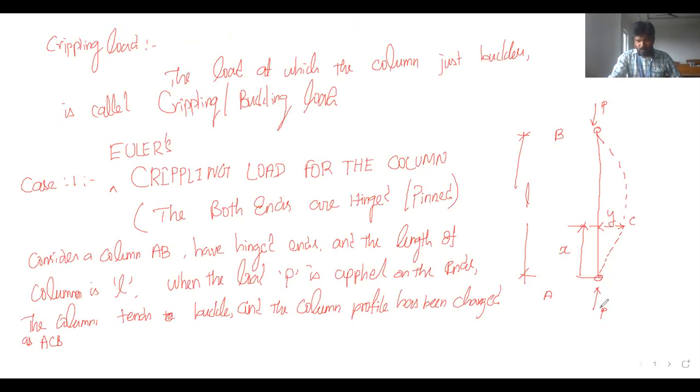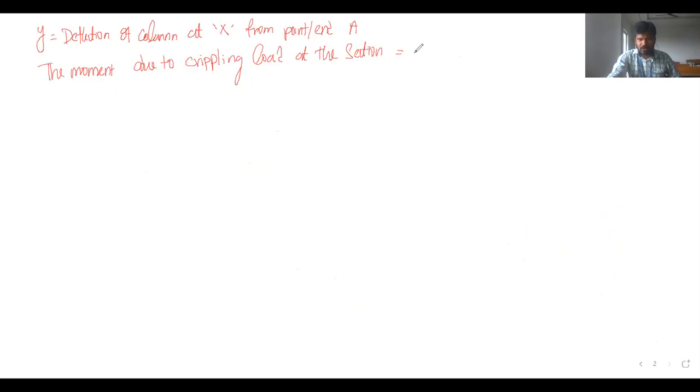The load P is acting vertically, so the perpendicular distance is the horizontal distance. So force into distance is equal to P into y. I already mentioned the sign convention: if it is concavity, then we have to give the minus sign.